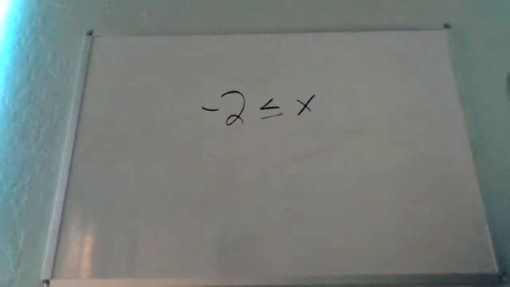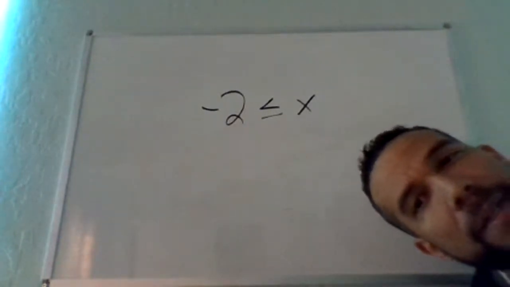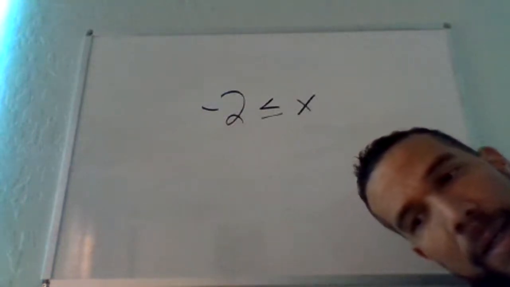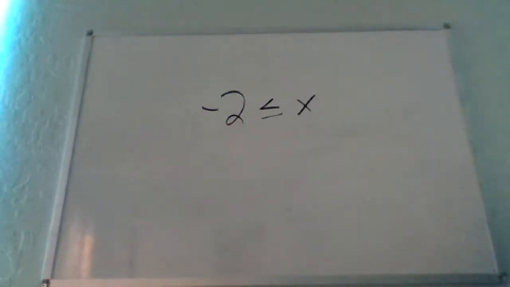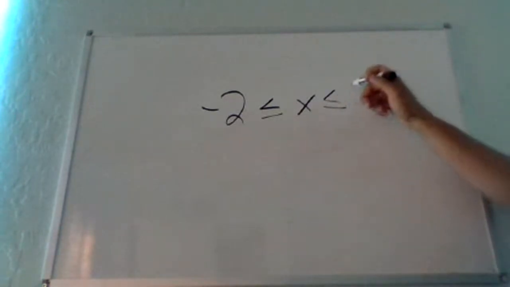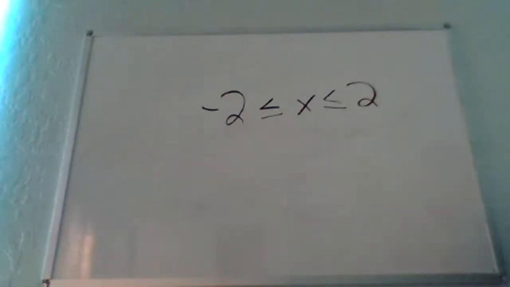Go ahead. x will be less than or equal to 2. Outstanding. Here's your answer. But we're still not done. So we're going to graph this as well. But before we move on to graphing, does this make sense?